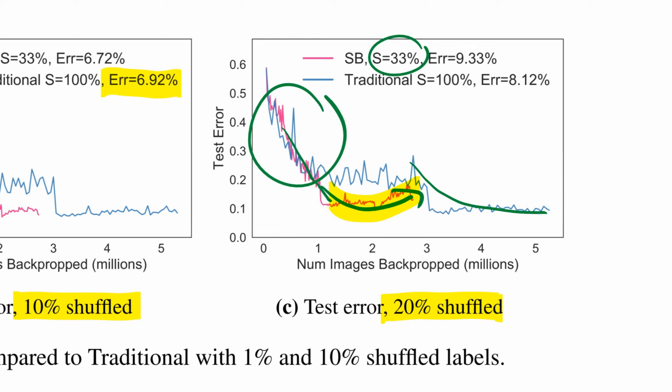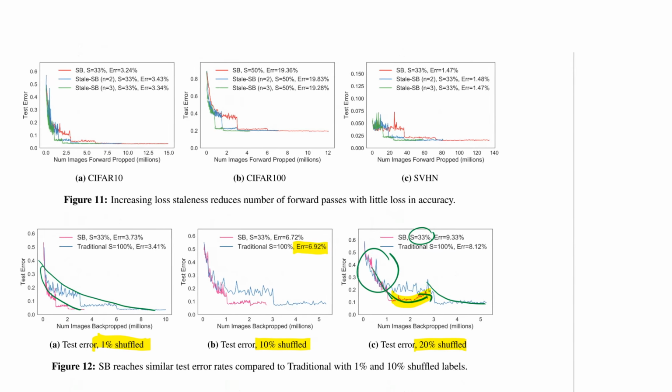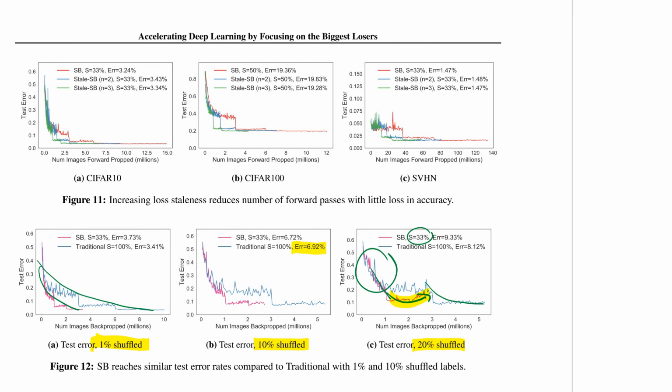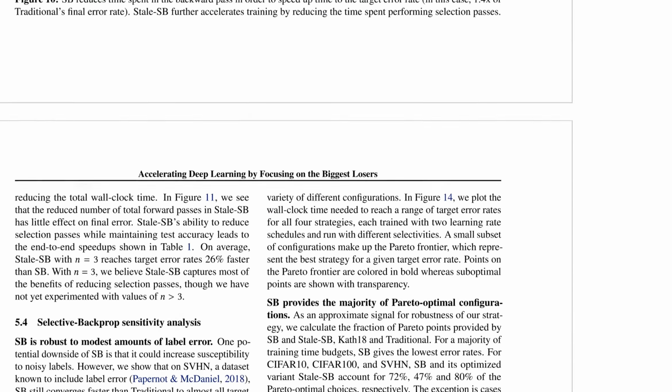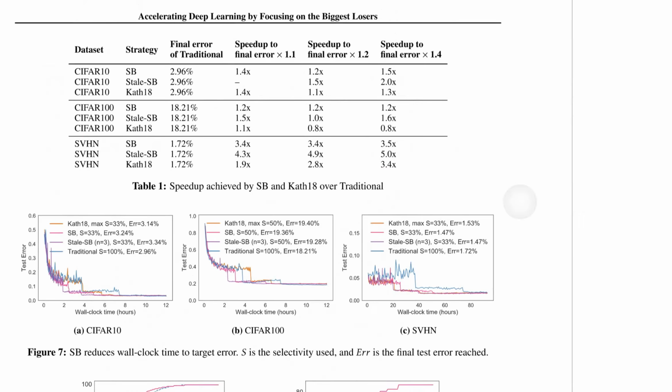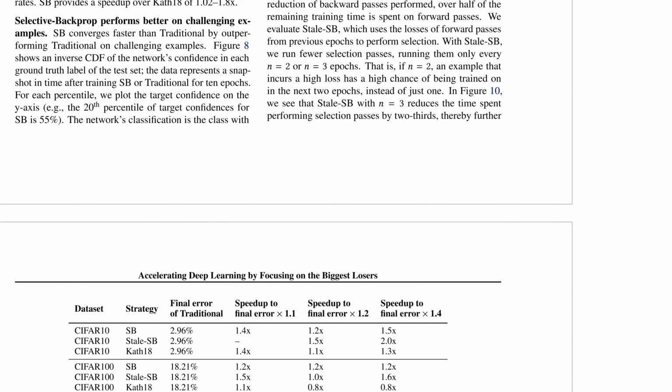If you have a lot of noisy labels, if you have a lot of mislabeled examples, then this method might actually hurt more than it helps. But the level is interesting, that it can tolerate 10%, but it gets into trouble at 20% or so. So this is the first criticism, and that's how the authors address it.